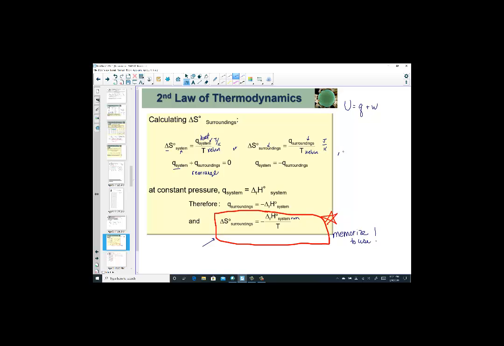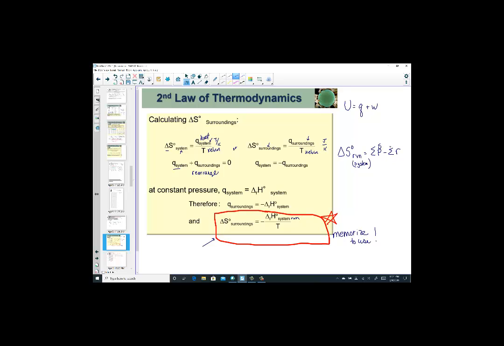Now let's be clear. On the last slides, we've been saying the entropy of reaction is equal to the sum of the products minus the sum of the reactants. That's what we were just playing around with. And this reaction is what we called the system.